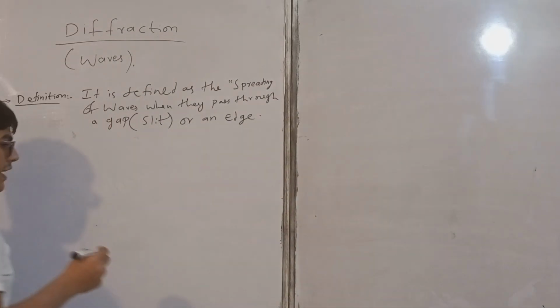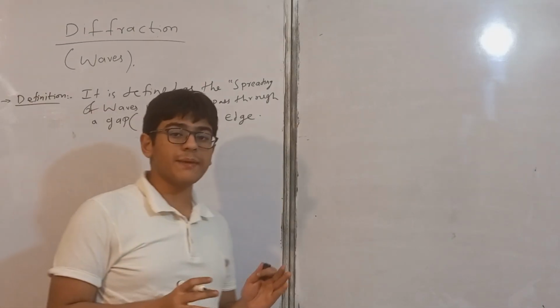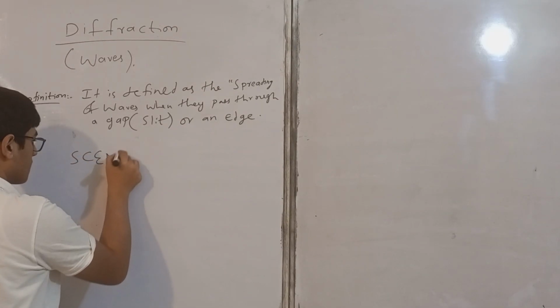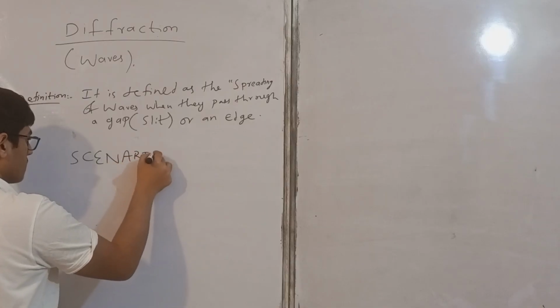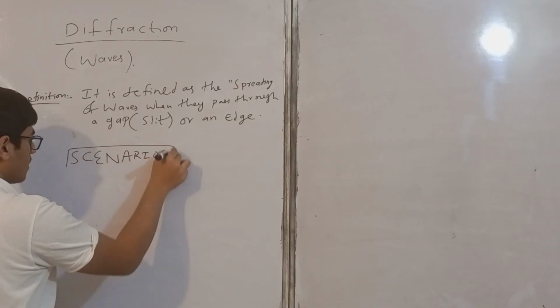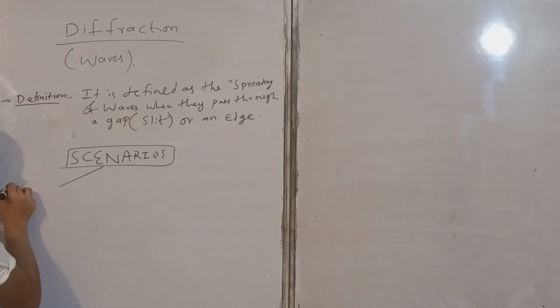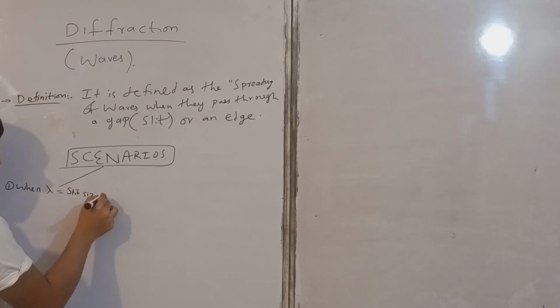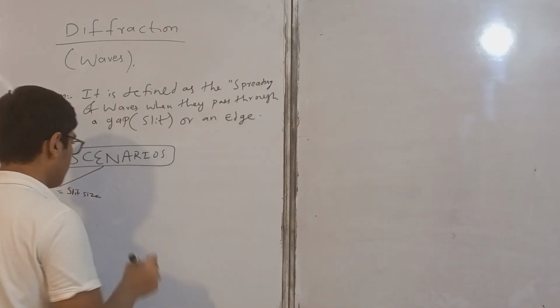Okay, so in diffraction we have three main scenarios. Scenario number 1a is when lambda is equal to slit size and diffraction is properly prominent and visible.